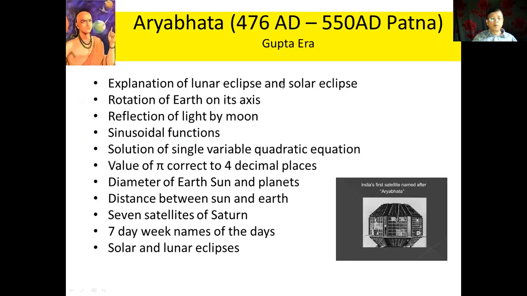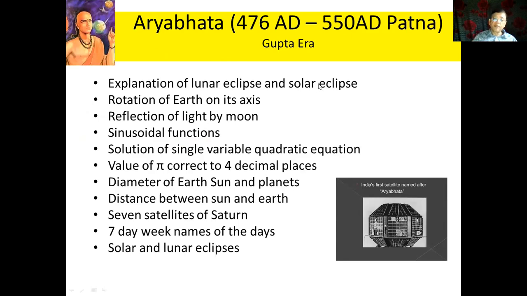Okay, so now we should talk about Aryabhata, who lived about 500 AD. He was a genius mathematician and astronomer, and his contributions are tremendous. You know, he could explain the lunar eclipse and solar eclipse. He explained that a lunar eclipse is actually the shadow of Earth on Moon.